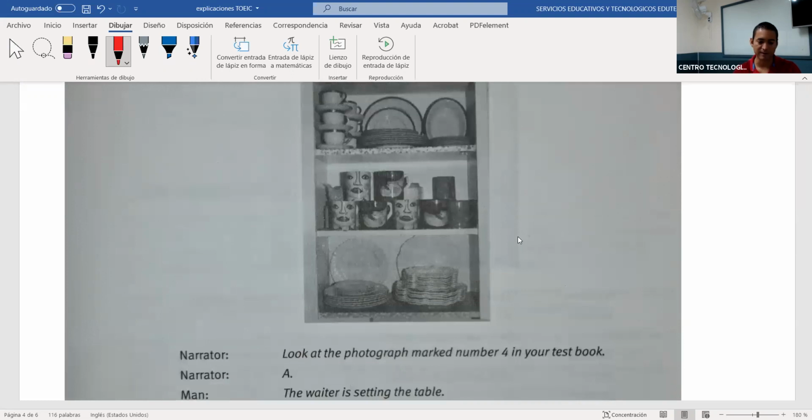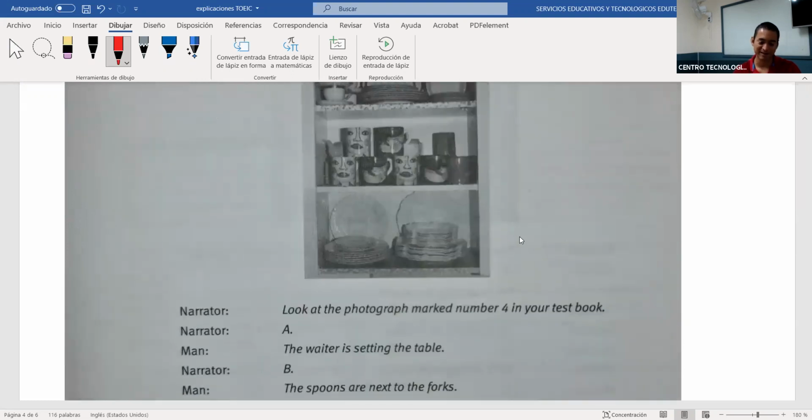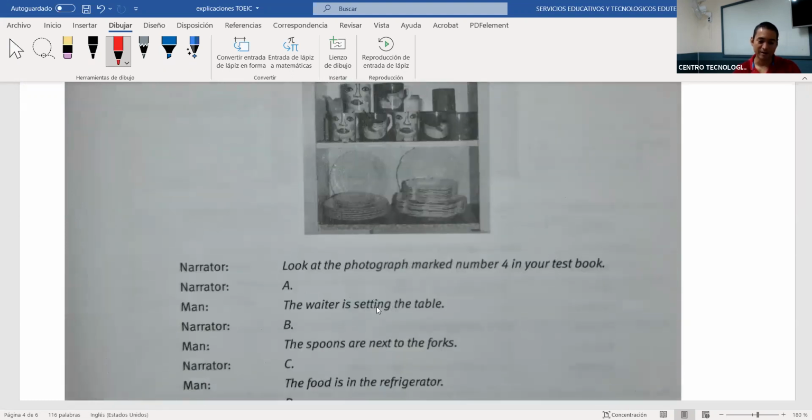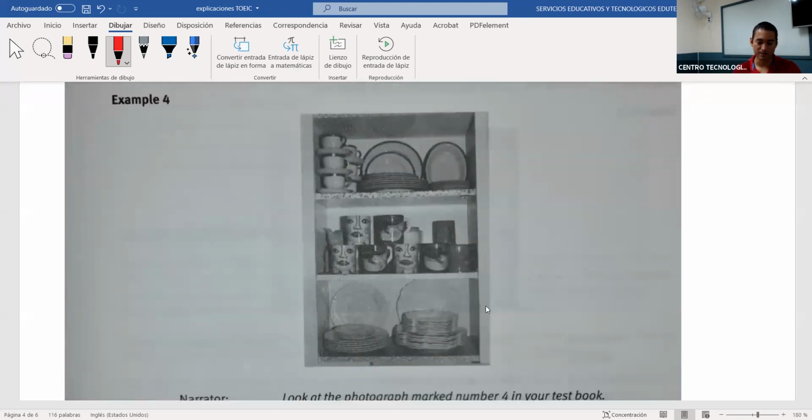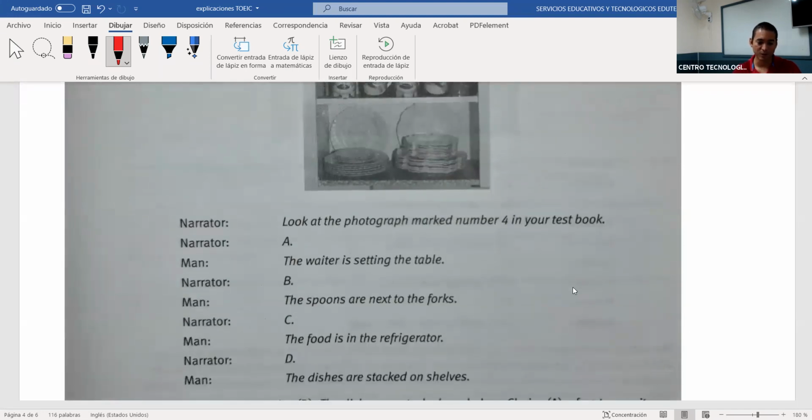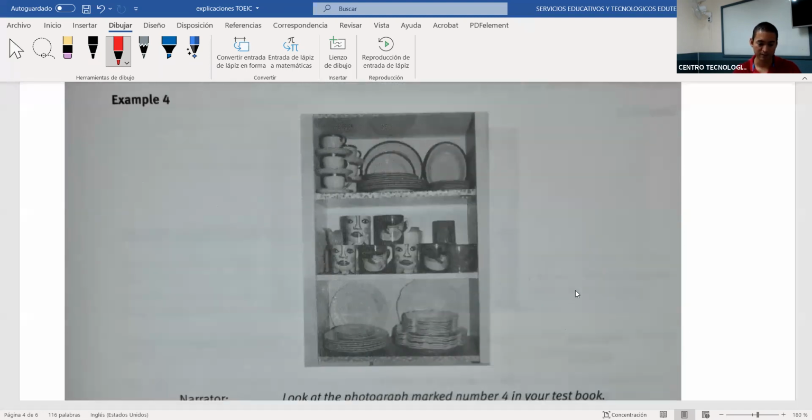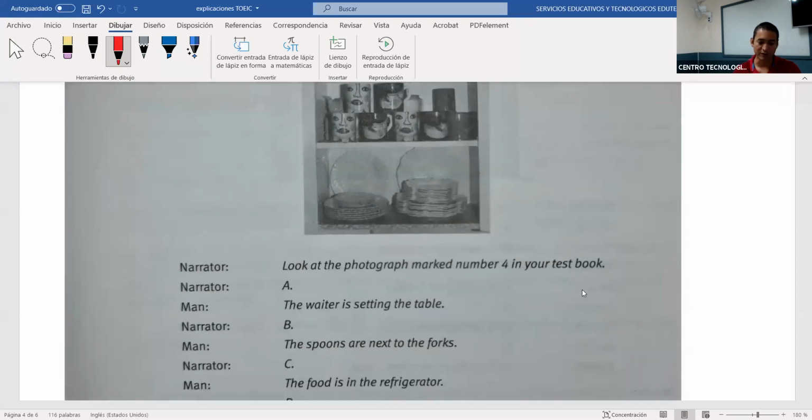Okay, so let's see. The waiter is setting the table. Well, actually, you didn't see a waiter, so that's completely irrelevant. The spoons are next to the forks. Actually, there are no spoons. There aren't any forks here.